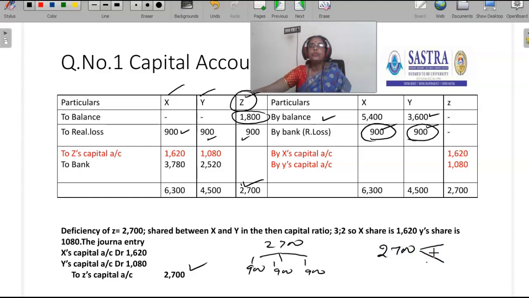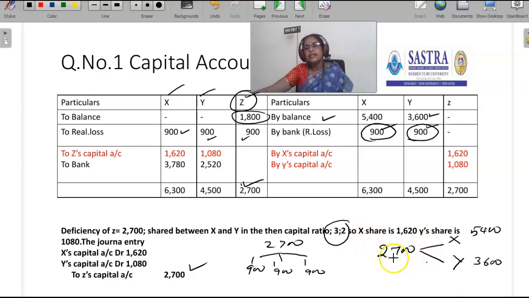This deficiency should be shared between X and Y in their capital ratio, that is the capital which stands in the firm before realization. Before realization, the capital of X is 5,400 rupees, Y is 3,600 rupees. If we simplify, we will get the ratio 3:2. That 3:2 should be used to bear the deficiency of the insolvent partner.